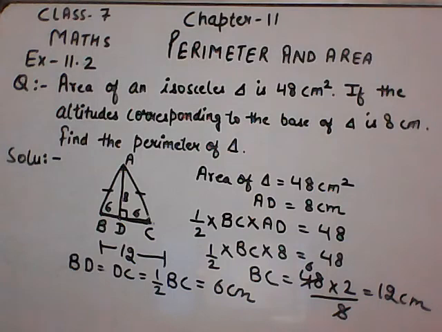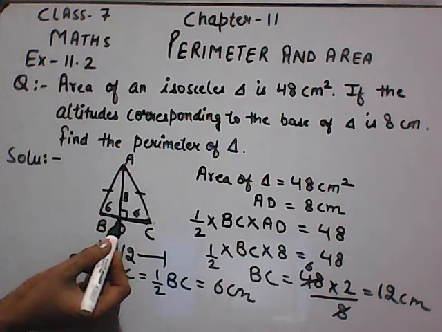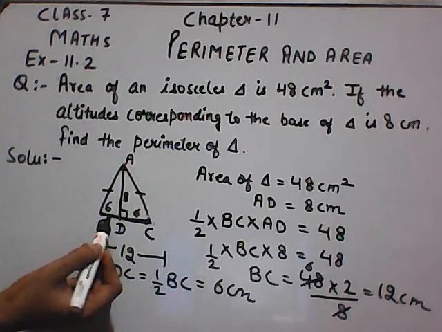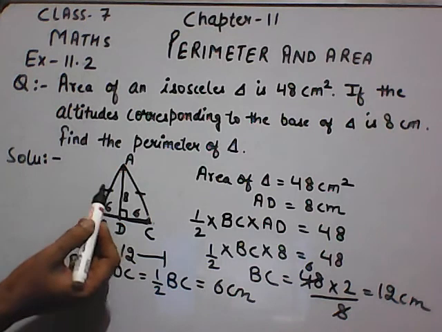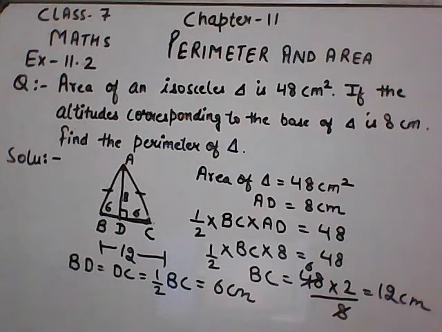Now you have to find out the length of AB and AC. Here it is altitude, that means it makes a 90-degree angle. So it is a right angle triangle. In a right angle triangle we know the base and perpendicular, so we can find out the hypotenuse by using the Pythagoras theorem.